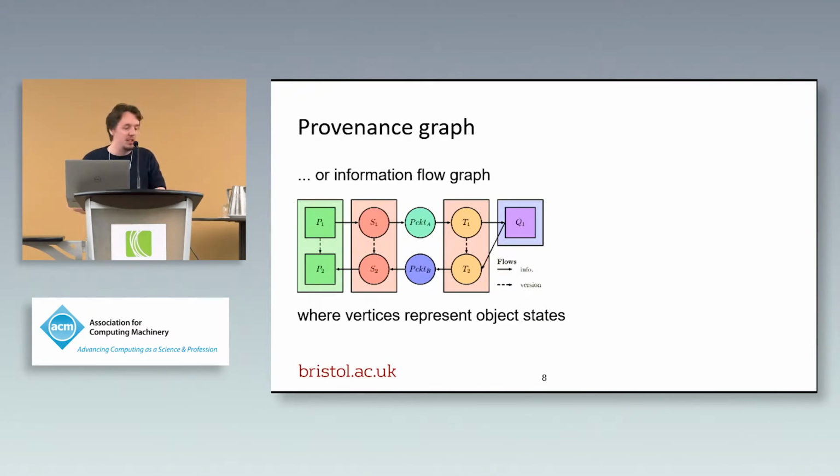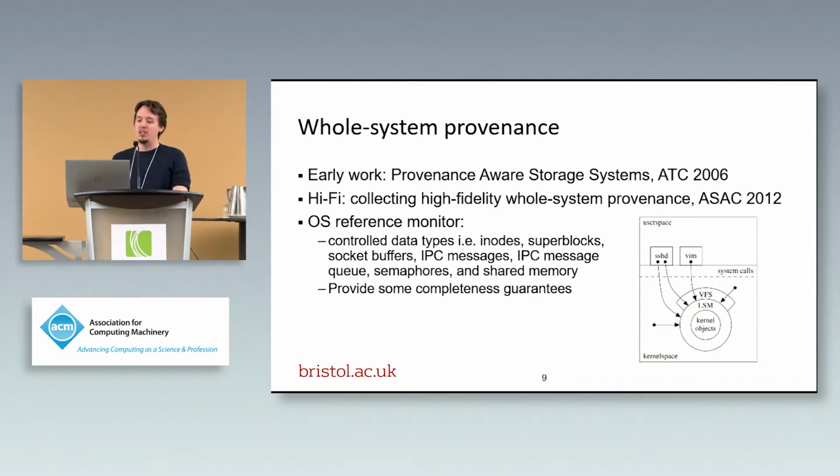So it's a very small graph, but we have to imagine real system execution will have a million vertices like that. And the way that information is captured was introduced in 2012 by the IFI system, by the team run by Kevin Butler, who was on the panel yesterday.